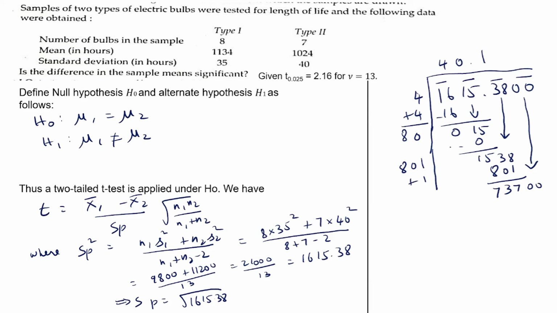If we add this one here, we get 802. If we use 9, then 8029 into 9, we get 72,261.